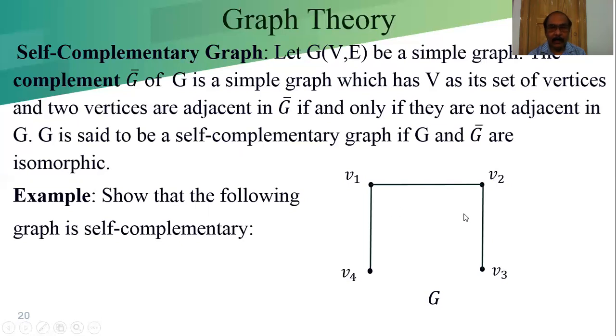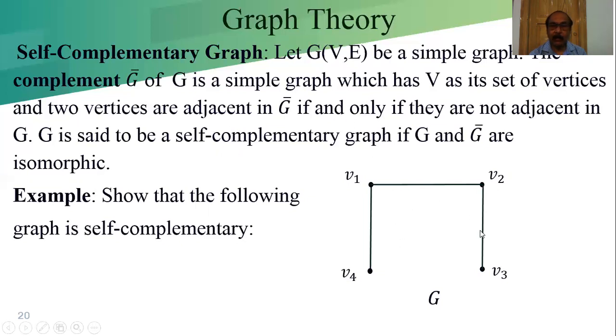First find the complement of this graph. What is the definition of the complement of a simple graph? Those vertices that are adjacent here are not adjacent in the complement, and those vertices that are not adjacent here must be adjacent in the complement graph.